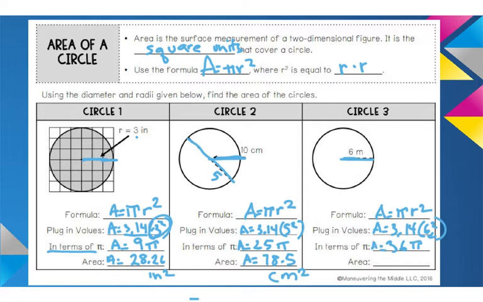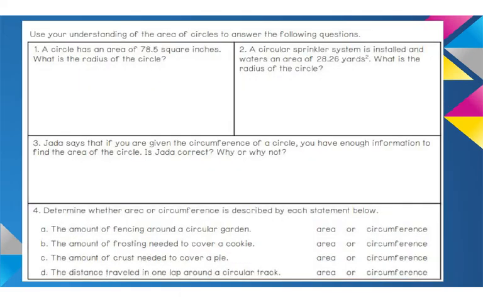And that's our area. And if we actually multiplied it out, we would have area is equal to 78.5 centimeters squared. So that's a quick rundown of how to apply the formula or plug in our numbers and our values that we know and find that.